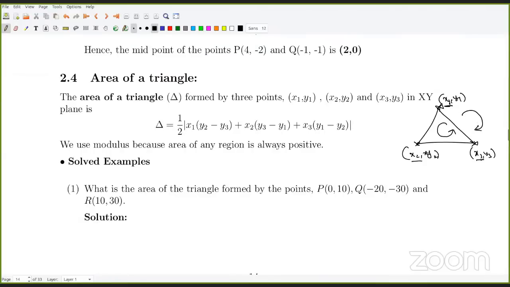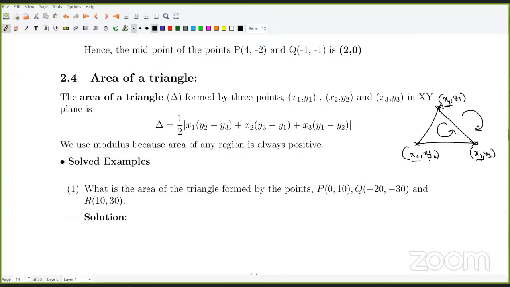When I take x1, you subtract y3 from y2. When I take x3, you subtract y2 from y1. And when I take x2, you subtract y1 minus y3. You can do that. But once you fix anti-clockwise or clockwise, you stay with that one notation.